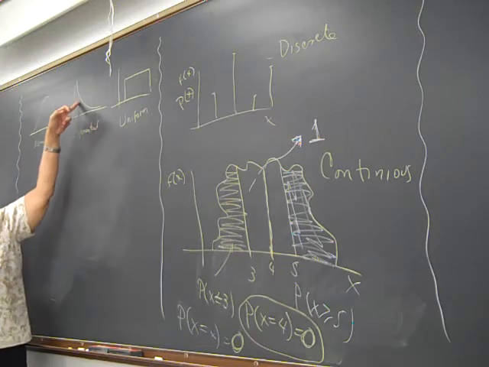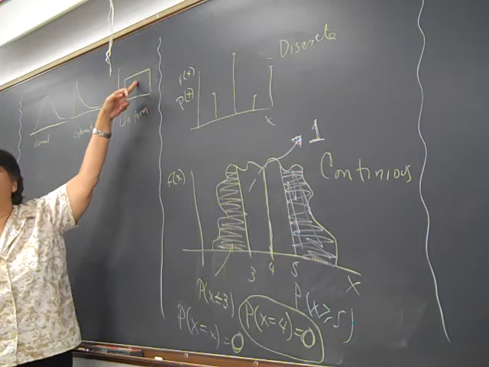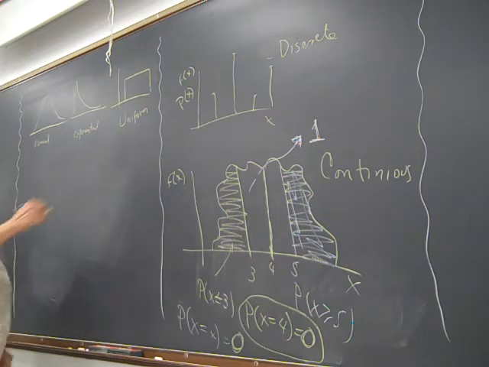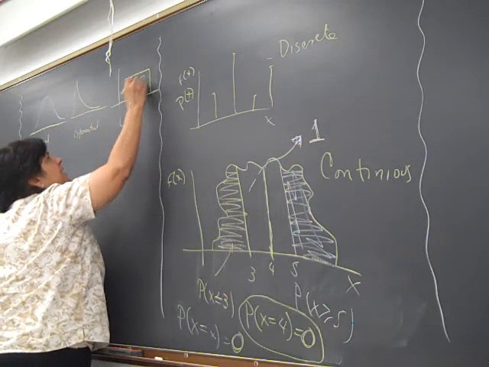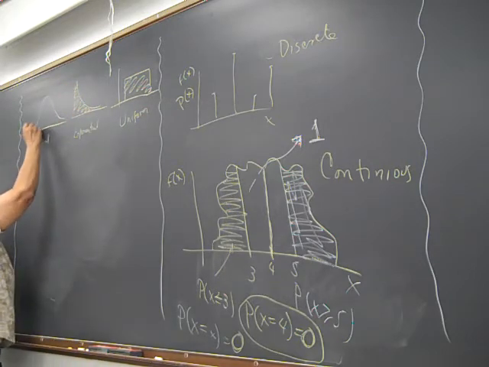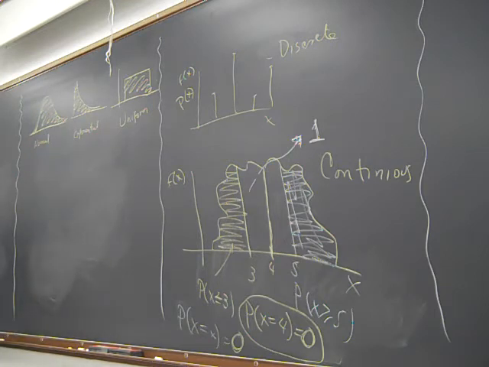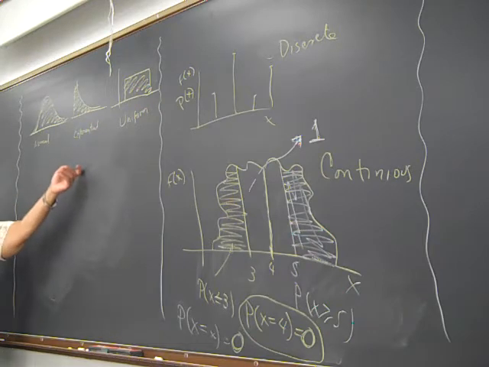What is the area over here? 1. What is the area over here? 1. It really doesn't matter. All of them are equal to 1. So in every continuous probability distribution, the area under the curve is equal to 1.